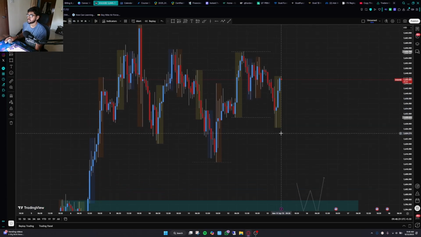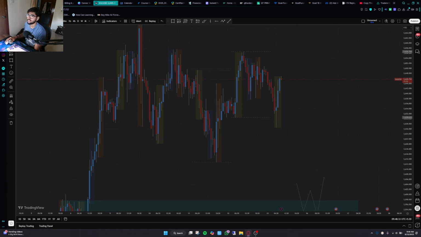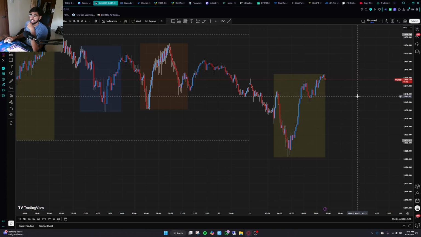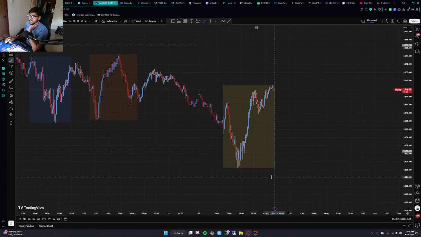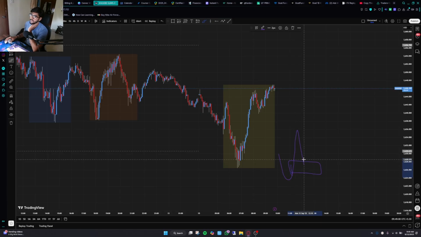See, the Asia session hasn't ended yet, so I would see the Asia session on the 5 minutes. You can see it is on an uptrend. So when it's on an uptrend, I usually like Asia to come back down, take the sweep, put a sweep in here, and then on the retest, I try to enter and try to go for the longs, or just anywhere till like a 50 or 60% of Asia.